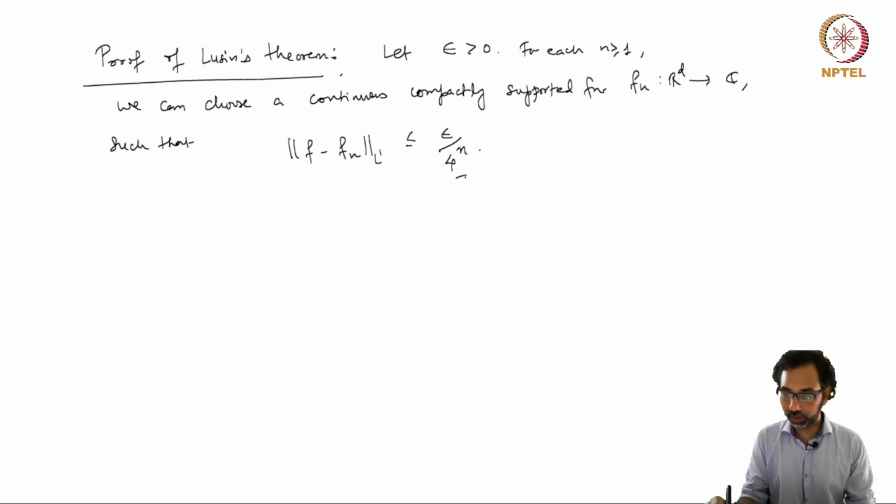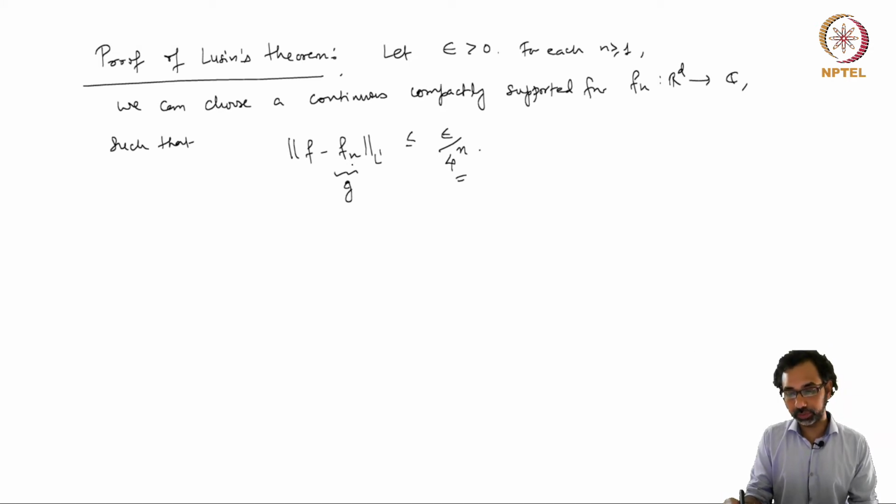So you will see why we have chosen this epsilon by 4 to the power n, but this is our function g, which we can choose to be continuous with compact support, and our epsilon in this case is epsilon by 4 to the power n.